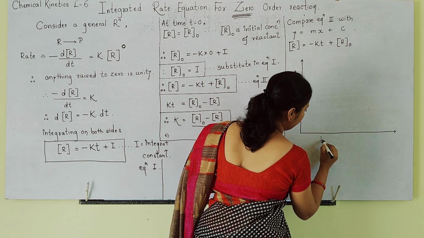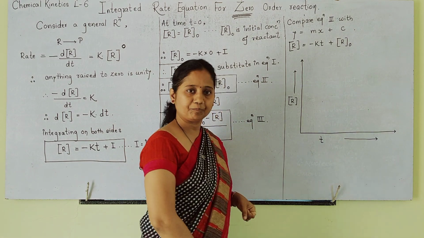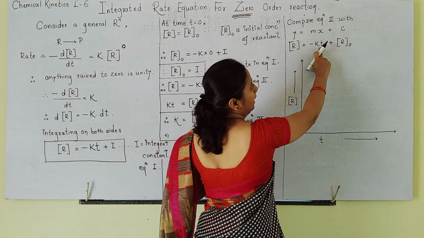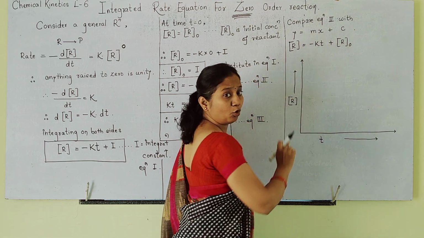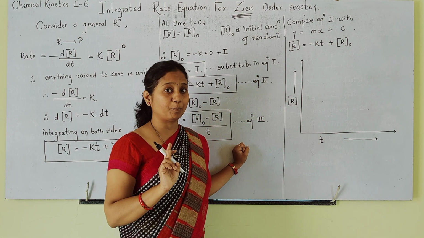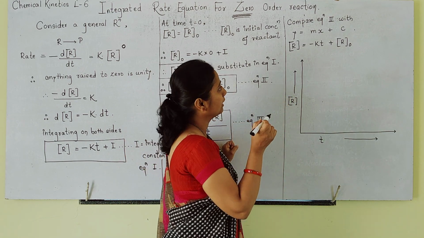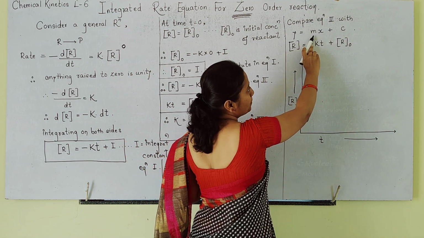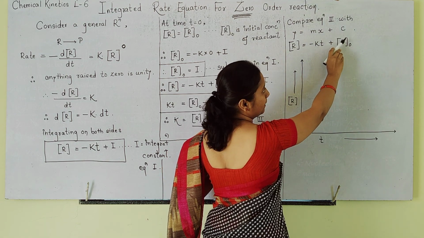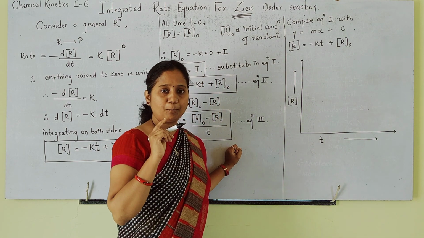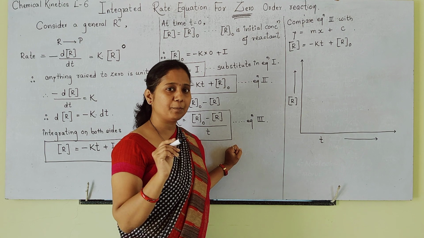So on the x-axis I am writing time. Okay, x is T. M is slope. What is slope? Minus K, negative slope is there. C is nothing but the intercept, and the intercept is given. So plot such a graph in which the intercept should be there and the slope should be negative.